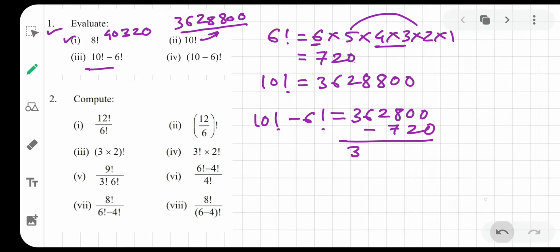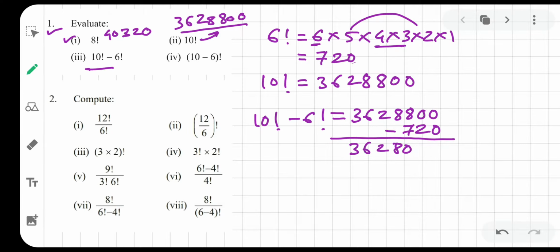Okay, sorry, I think I have not written it correctly, so let me write it again. 3628800 we have, and we have to subtract 720 out of it. So what's the answer then? 3628080. That is the answer of the third question.